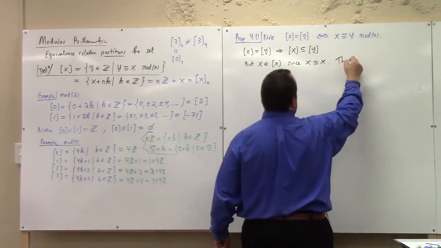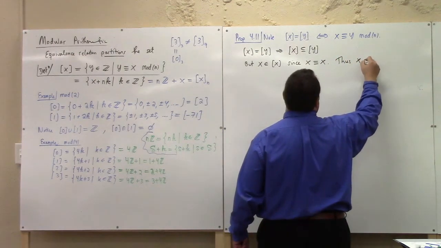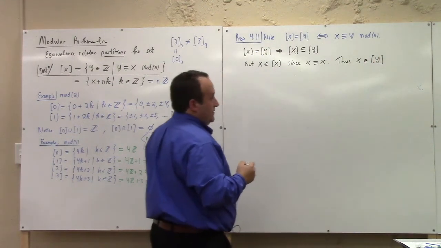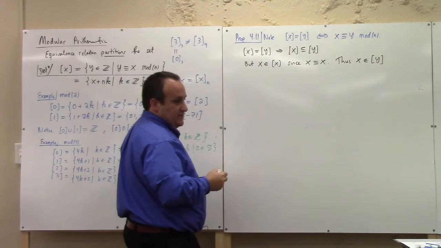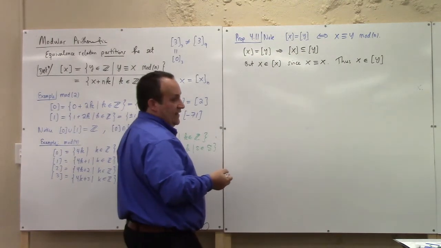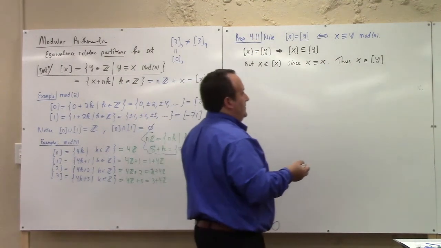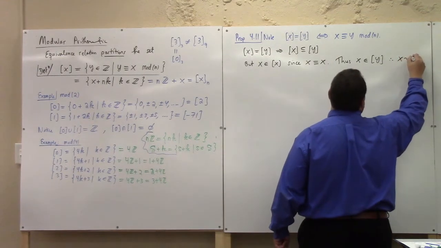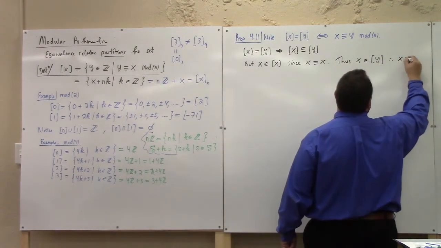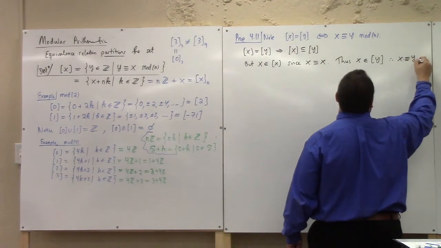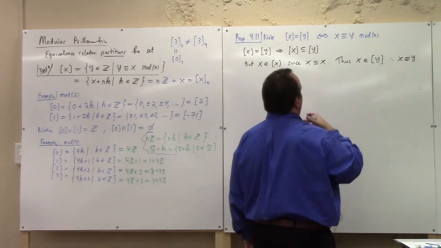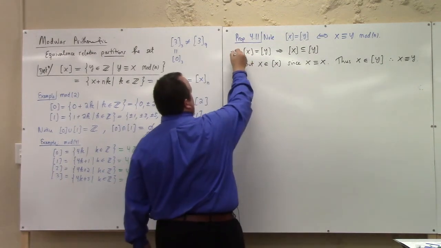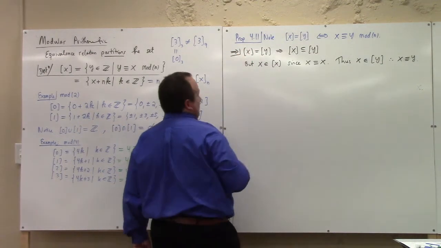Thus, x is an element of the equivalence class with representative y, because the equivalence class of x is assumed to be a subset of the equivalence class of y. Therefore, what? x is congruent to y mod n. So there's the forward implication of that.